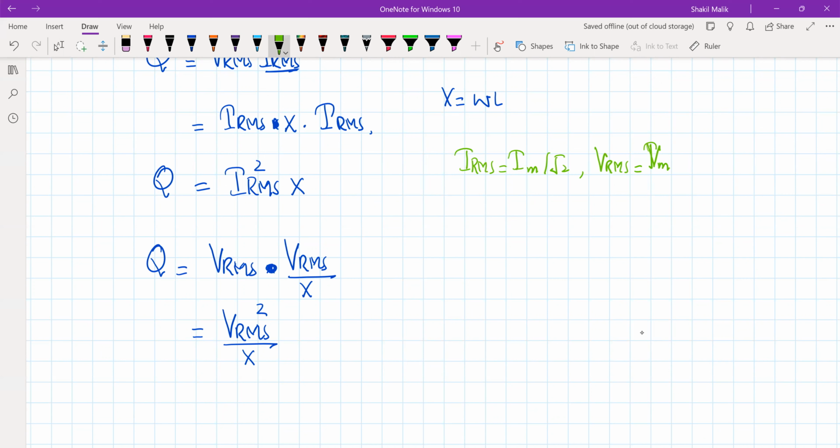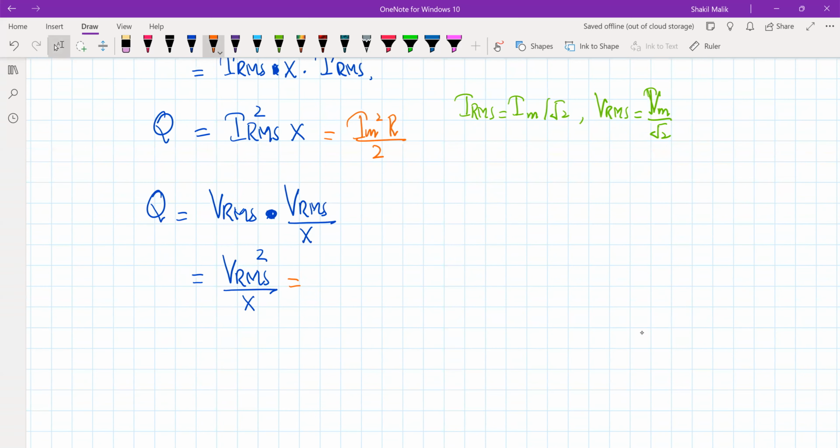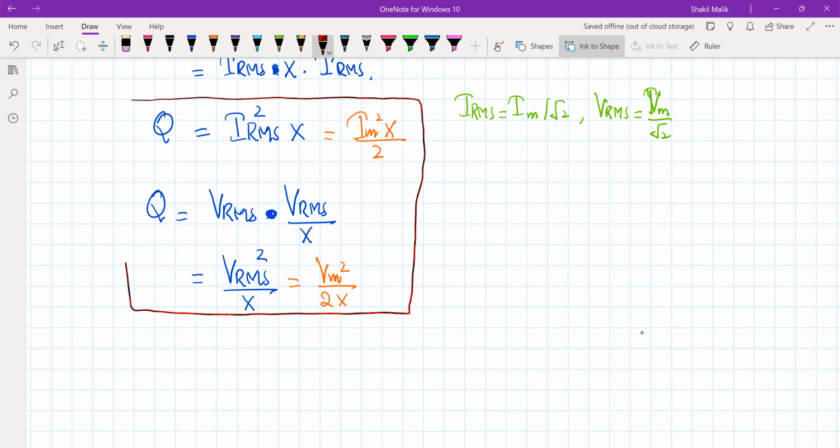Putting it here, we'll get Im square times X divided by 2, or Vm square divided by 2X. So this is how we define the reactive power in terms of RMS values and peak values for this inductor.